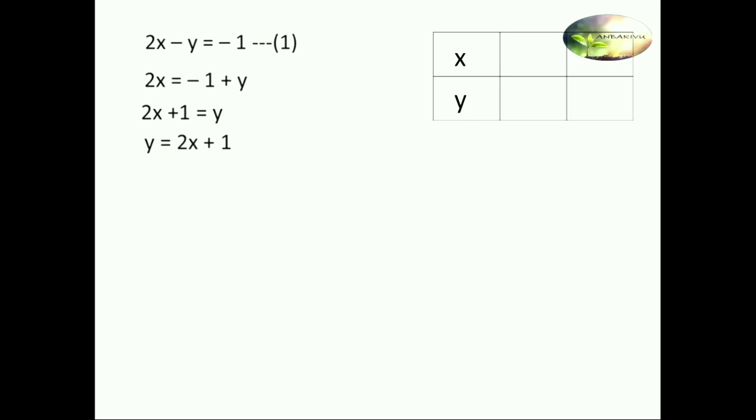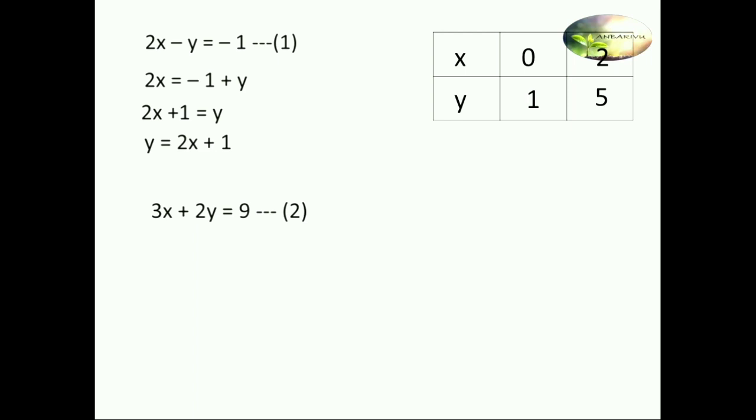Here I am going to assume 0 and 2. If I substitute 0 for x, then y is 0 times anything is 0, 0 plus 1, 1. Then if I substitute 2, then 2 twos are 4, 4 plus 1, 5. So for the first equation, our ordered pairs are (0, 1) and (2, 5).